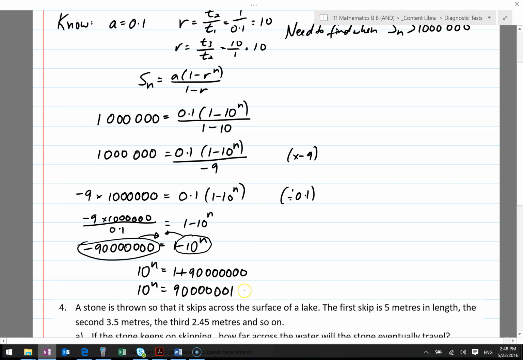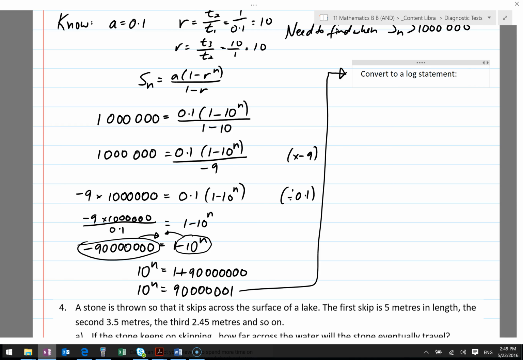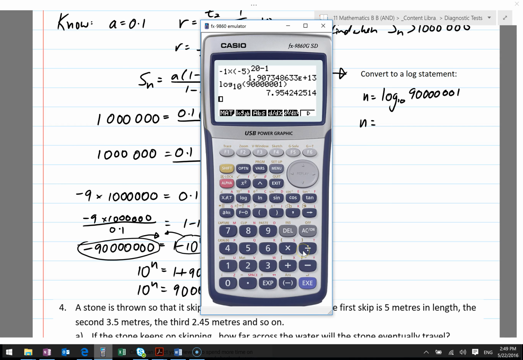Okay, so from here, always running out of room, I can convert to a log statement. So this unknown power is something with base 10, and I need to get to this big number. I'll type this into my calculator and see what I get. I end up with 7.95.